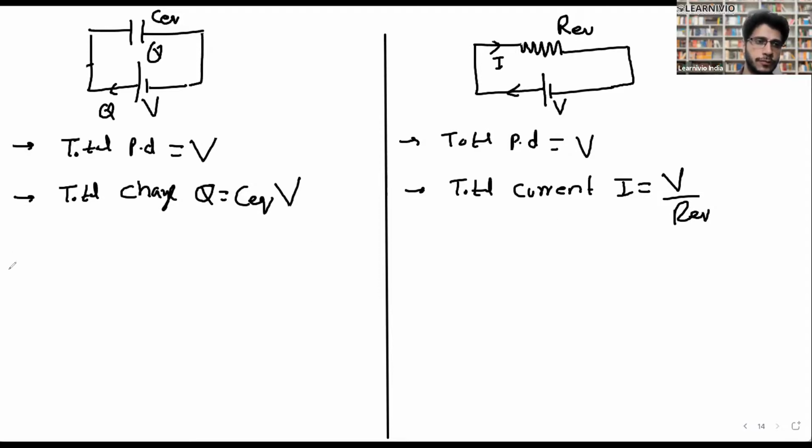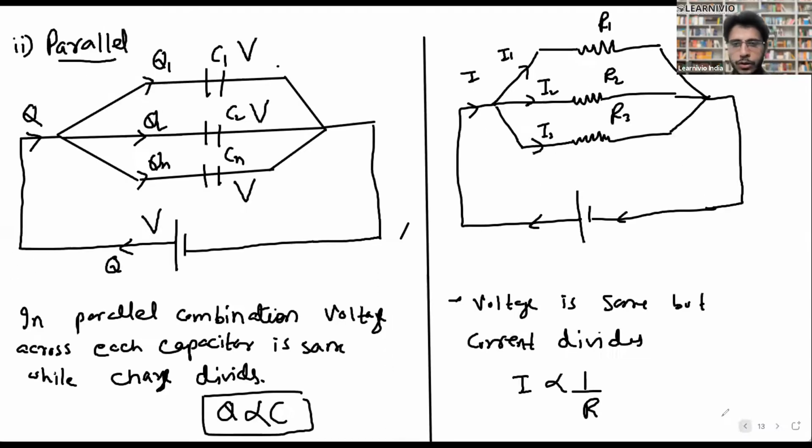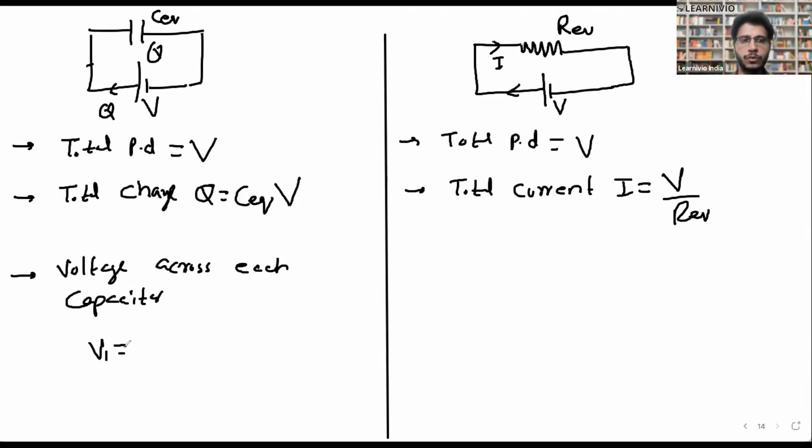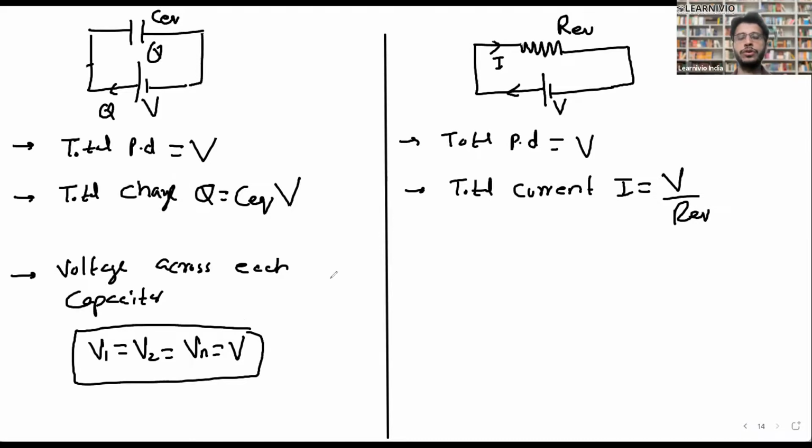Okay, next. Now, if I want voltage across each capacitor, will it be different or the same as the voltage of the cell? Same. So voltage across each capacitor, V1, V2, Vn, is equal to V, the voltage of the cell.